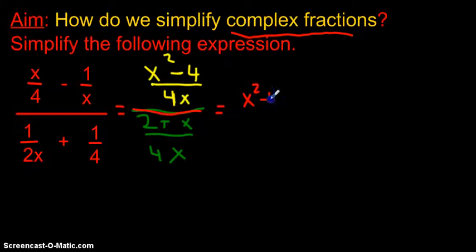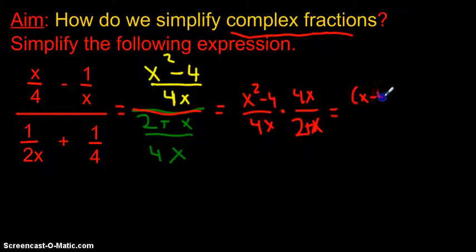So x squared minus 4 over 4x times the reciprocal, which is 4x times 2 plus x, and then simplify. Well, factor: x minus 2, x minus 4, x plus 4, x plus 2. So this is kind of like the quick looking version here.